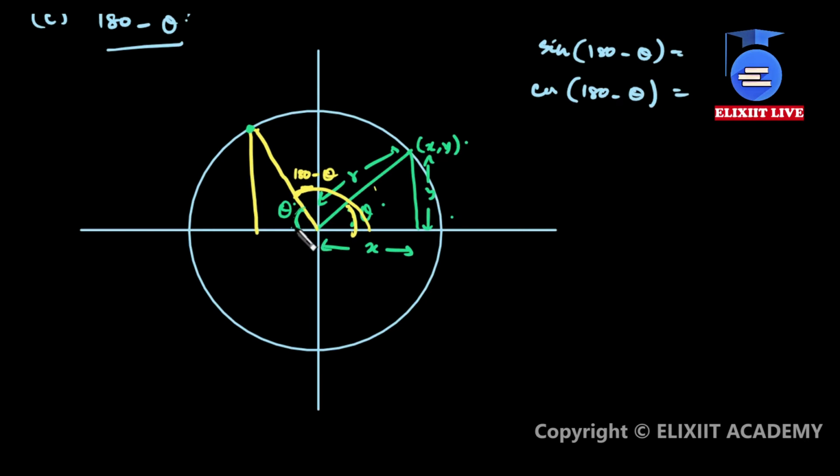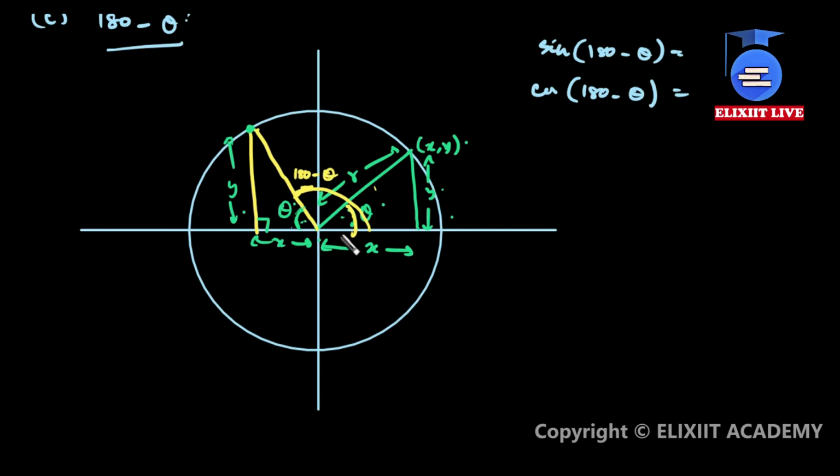If this is theta, the opposite side of theta was y, so this particular side will also be y. We use the same congruency, ASA. Opposite side of theta is y, and over here it will also be y. Automatically this much distance will become x itself.